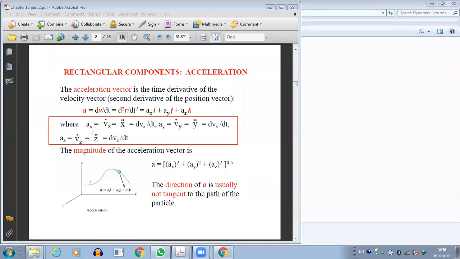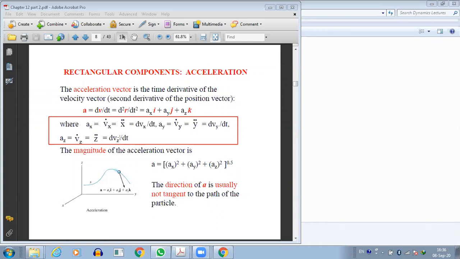So ax is the x component of the acceleration, which is the same as vx dot, which is d by dt of vx, which is the same as x double dot, which is the same as dvx by dt. Similarly, ay is the same as vy dot, which is the same as y double dot, which is the same as dvy by dt. az is equal to vz dot, which is equal to z double dot, which is equal to dvz by dt. This thing, you should memorize.